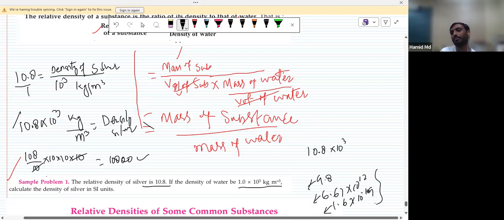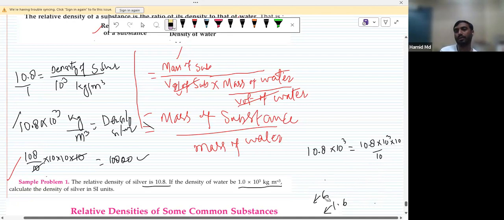So if you want to sound more scientific, what do we have to do? Let's see, try to learn. What I will do is multiply it by 10 and divide it by 10. There is no harm in the equation.